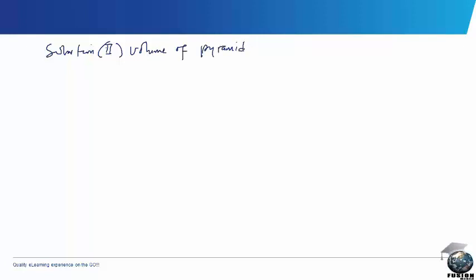From the formula, it's given as 1/3 base area times height. We know the height of the triangle, but we do not know the height of the pyramid. We need to find out the height of the pyramid.